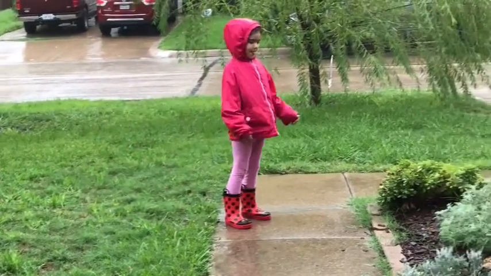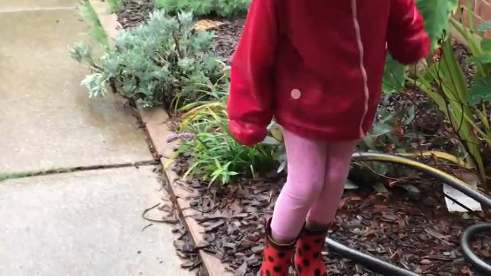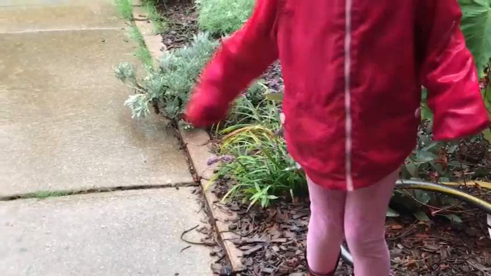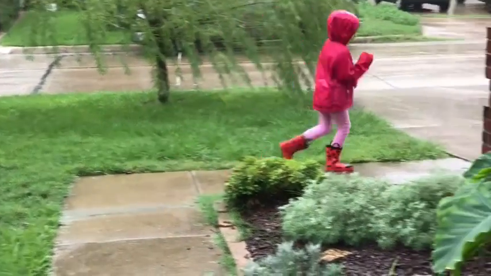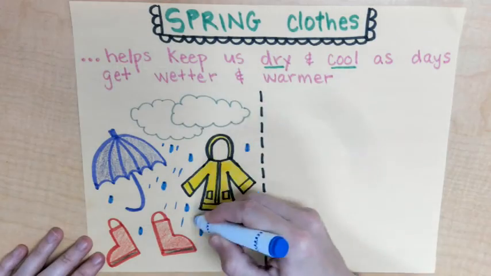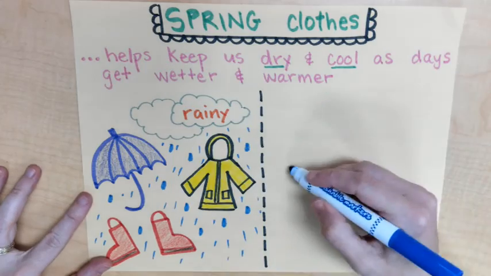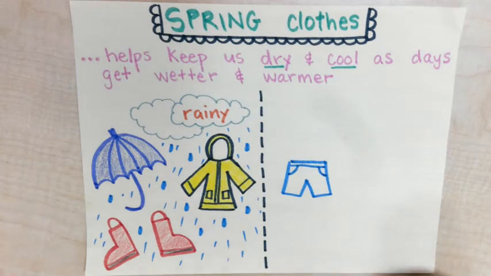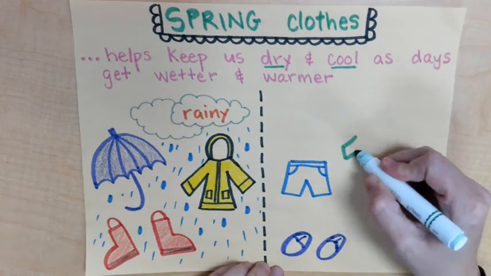that will keep your body dry underneath those items. But if it's a sunny, breezy day, you might start getting out of those sweatpants that you were wearing back in winter, and you might start wearing more shorts or short sleeve shirts or tank tops. You might even wear sunglasses because of more and more sunlight during the day.